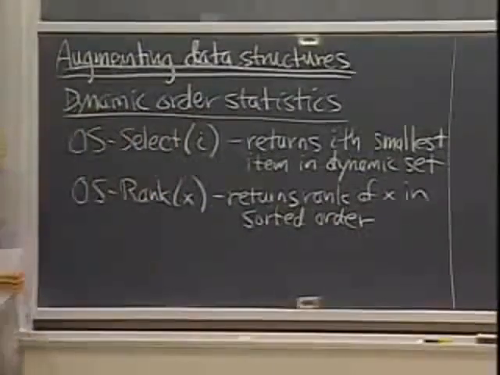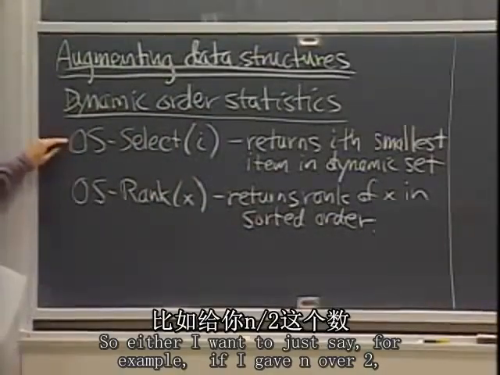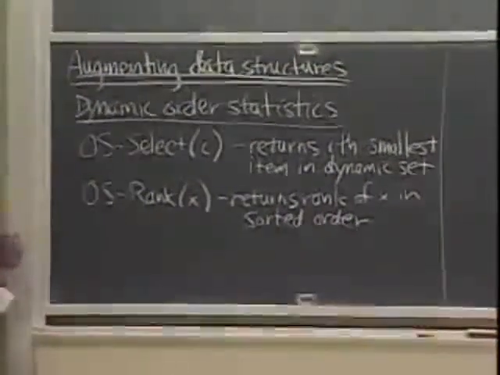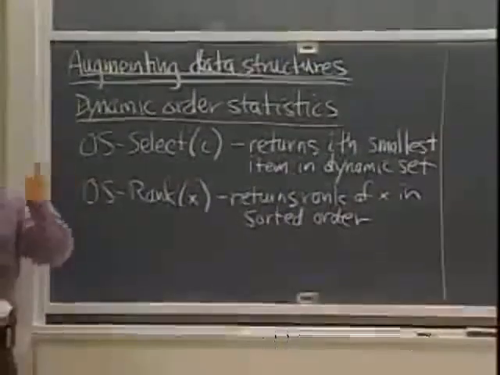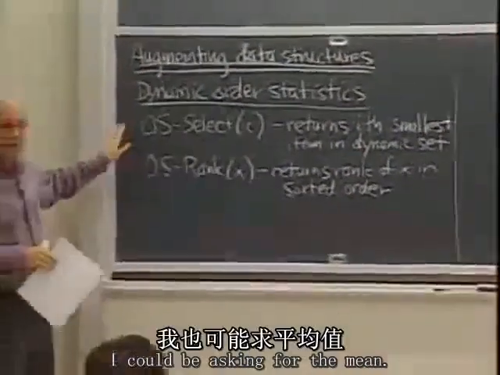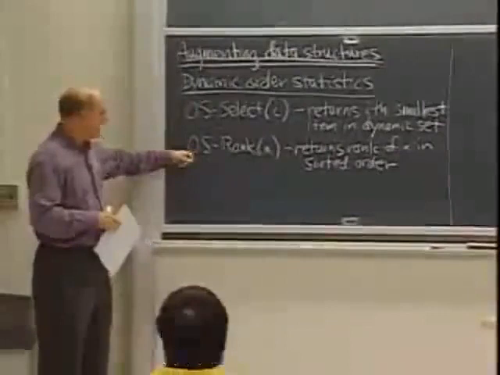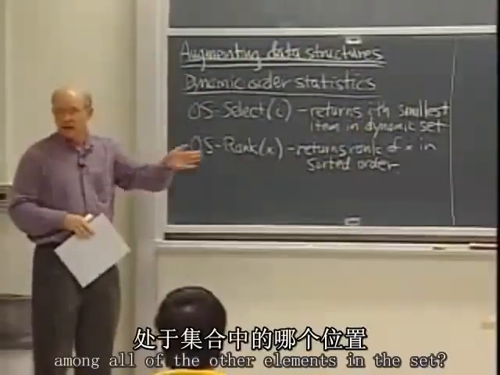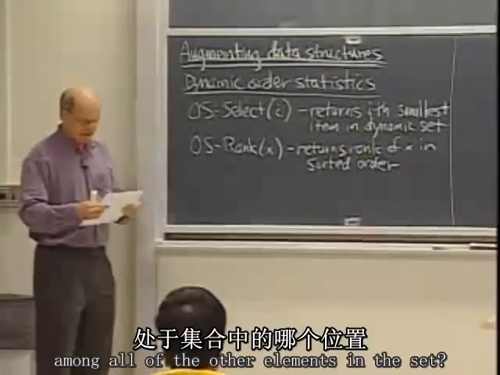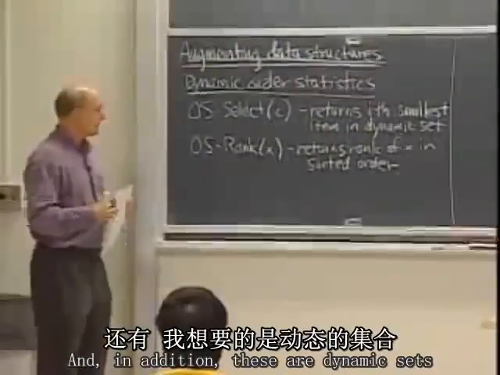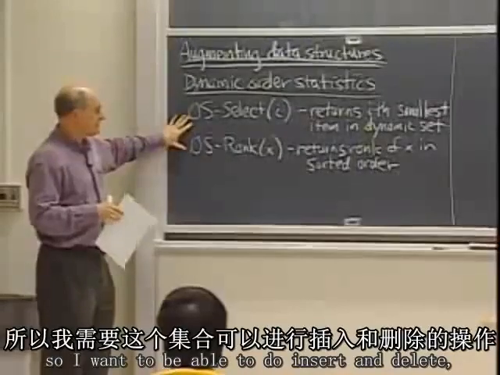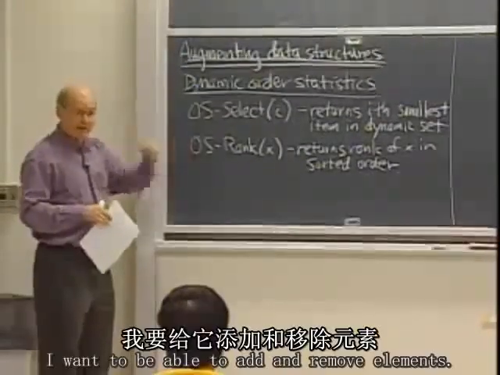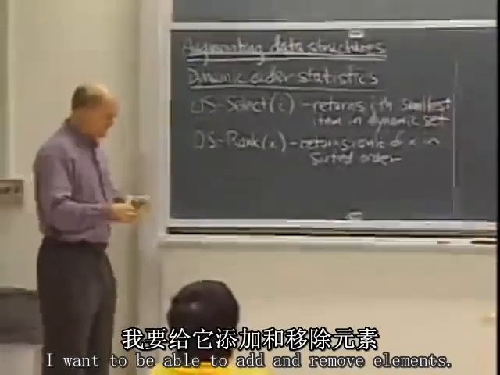So either I want to say, for example, if I had n elements in the set and I said n over 2, I'm asking for the median. I could be asking for the min, or a quartile. Here I take an element and ask where that element falls among all of the other elements in the set. And in addition, these are dynamic sets, so I want to be able to do insert and delete, to add and remove elements.